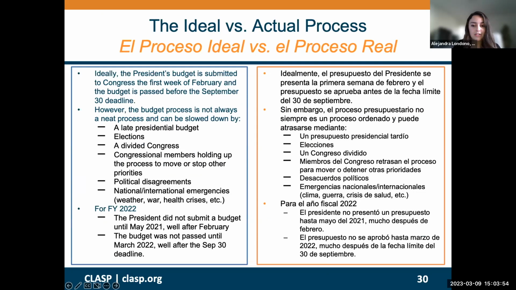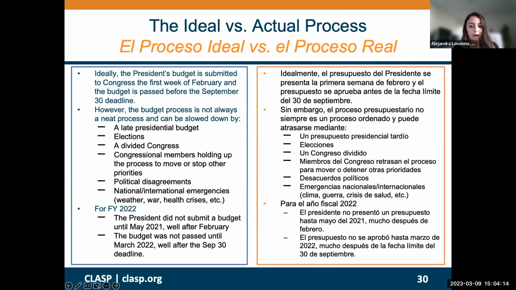So what we talked about today is what the budget process should ideally look like. For example, the president's budget is submitted to Congress the first week of February, and the budget is passed before the September 30th deadline.